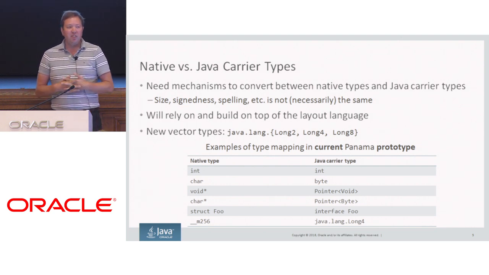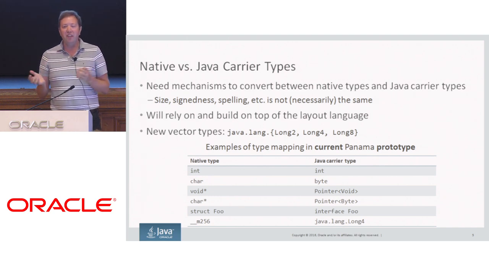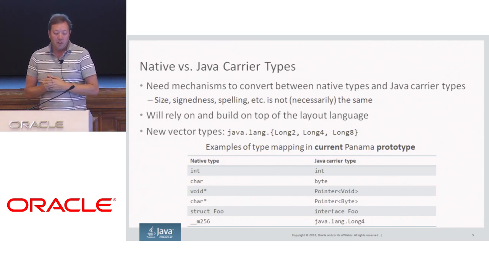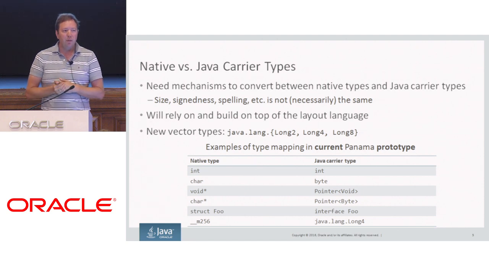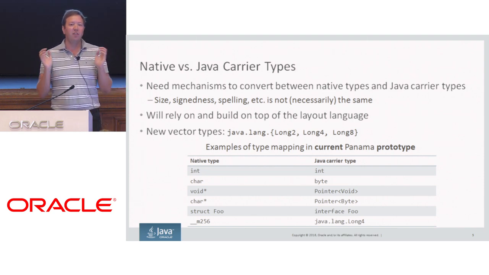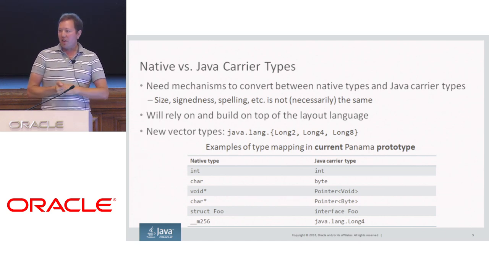The whole concept of converting between carrier and native types will be building on the layout language in some way, shape, or form. And one of the things that we have introduced, and I think both Vladimir and Ian later will potentially be referring to, are a few new vector types. So to represent wider vectors on x64 platforms, for example, we have introduced something called long2, long4, and long8, and they're basically what you'd expect them to be.